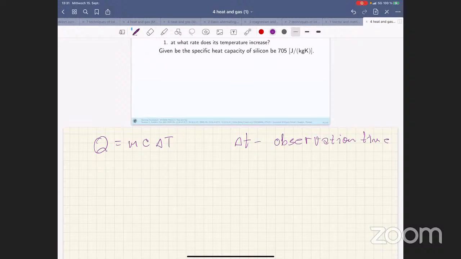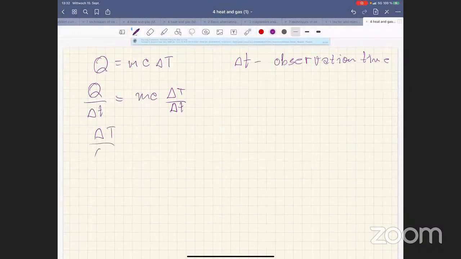Okay. We are going to have Q divided by small delta t equal to M C capital delta T divided by small delta t. What we would like to know is the rate of change of the temperature. We move MC to the left hand side, then we get delta T divided by small delta t.